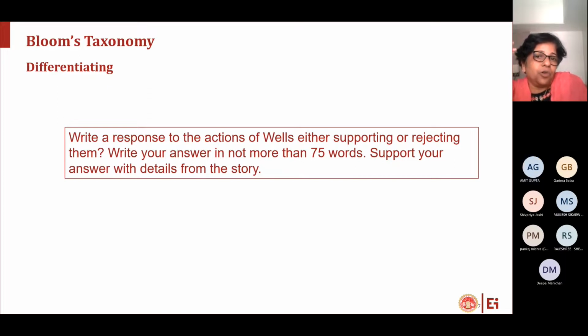And if you now go to the concept, actions of Wells, it's not asking for a particular action of Wells. It is asking you to look at all the actions of Wells, which will also be characterized as the entire characterization, right? So it's no more at the granular level.